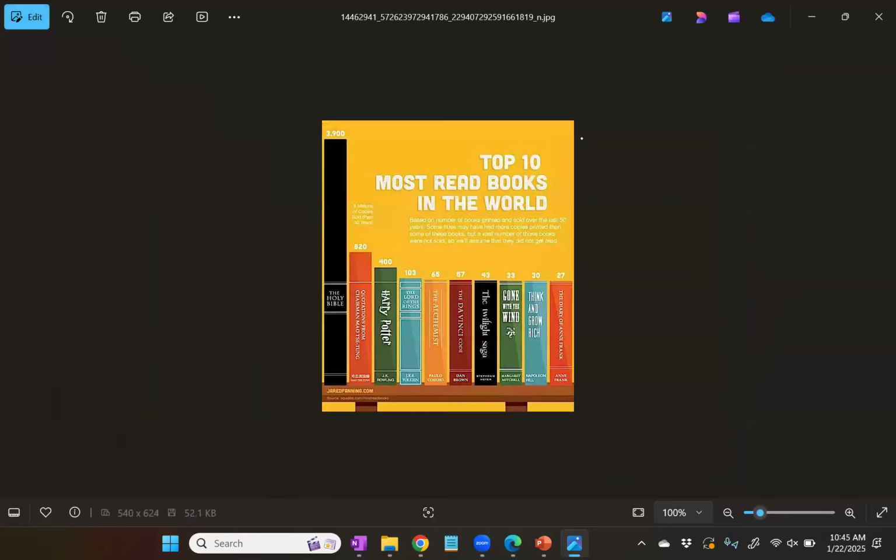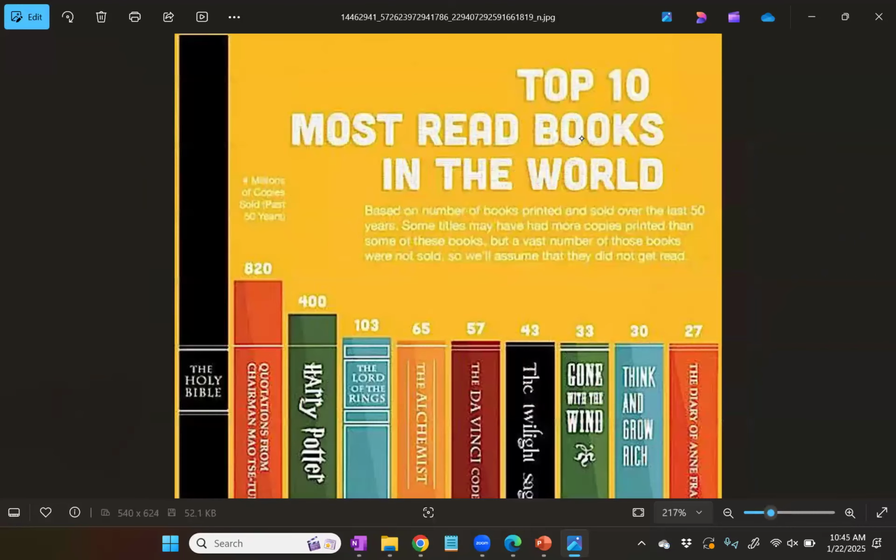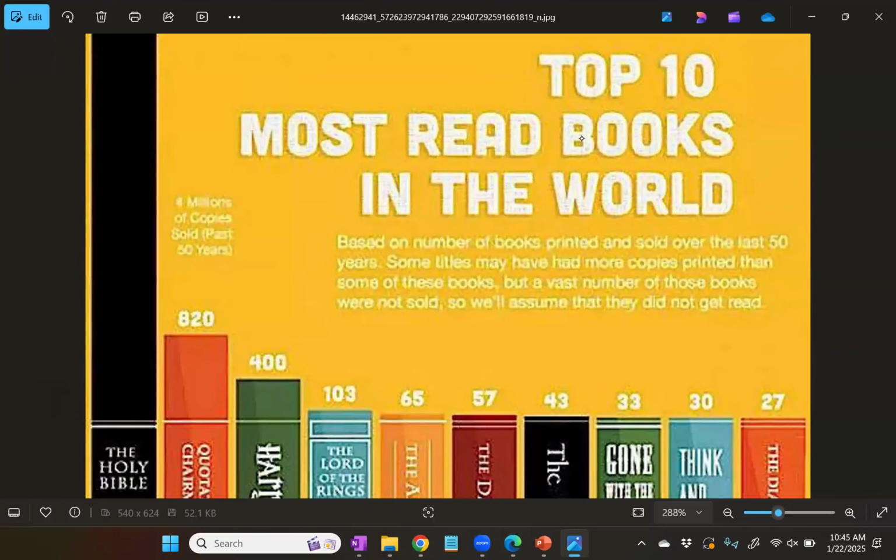I like this one a lot. This one actually has something else going on too. So I'm going to scroll out. The top 10 most read books in the world. But what is it based on? Based on the number of books printed and sold over the last 50 years.